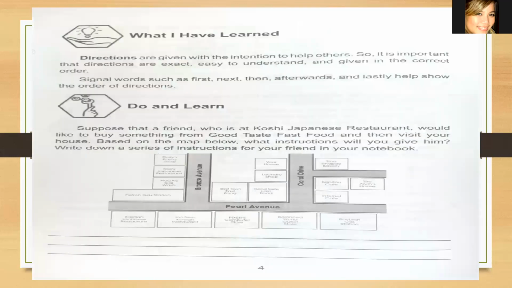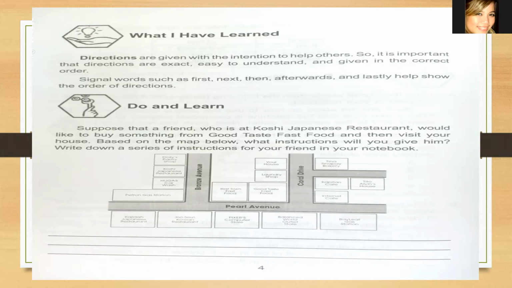What I have learned. Directions are given with the intention to help others. Mao na siya ang pinaka-importante. So when somebody gives you a direction, it's very important to listen to it very carefully para kabalo mo kung unsay inyong angay buhaton.